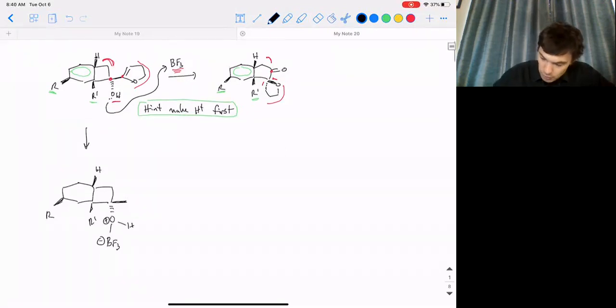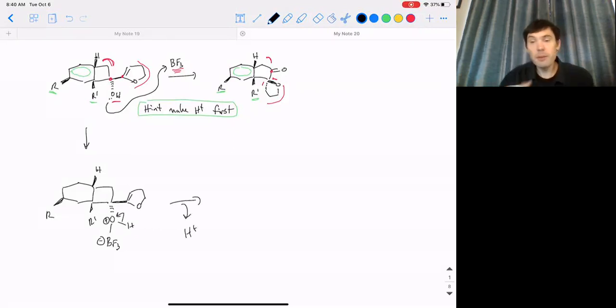All right, let me finish drawing the rest of our starting material here. There we go. So that's good. And then let's just see if we can take that H plus off to generate us some H plus. And as I've said in my other mechanistic videos, I personally am okay drawing H plus just coming off, as long as we both understand that there really must be a base somewhere in the molecule.